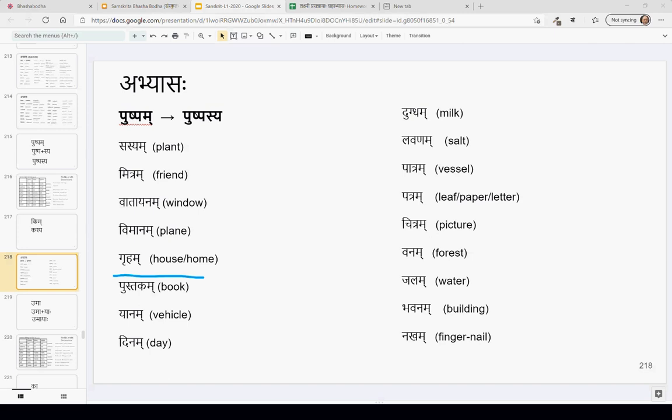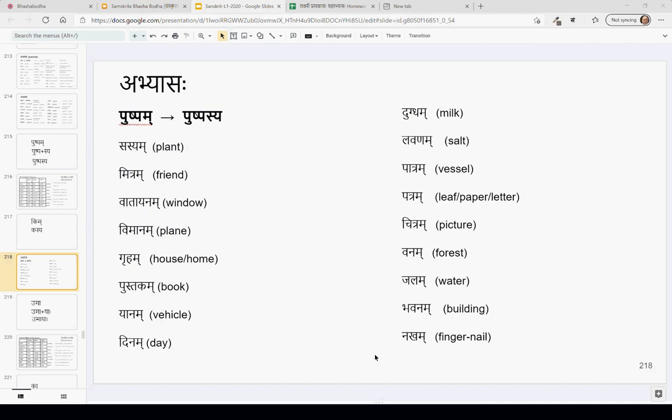Grahasya kim asti? You can use any word from this one only. Grahasya chitram. Yeah, as long as it makes sense at least. Grahasya chitram. Okay.